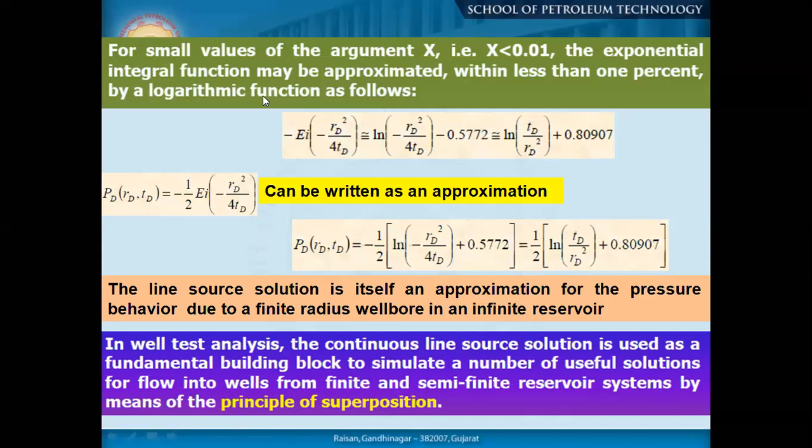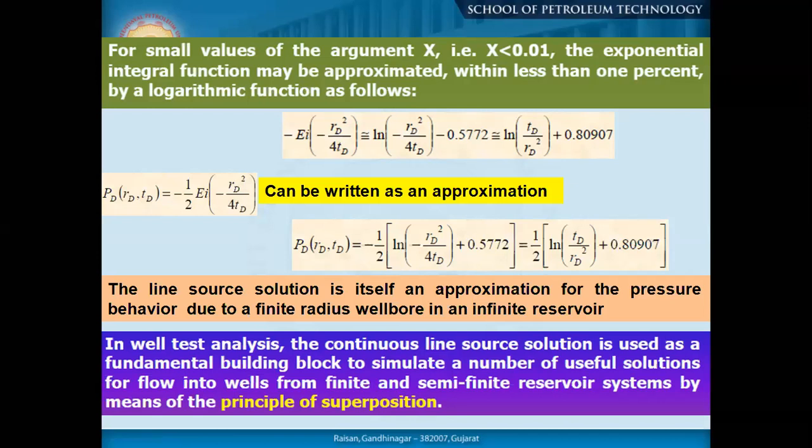So we may use different types of plots for our interpretation: maybe pressure versus time, maybe delta P versus time, maybe pressure versus log time on a semi-log plot. In different ways we try to plot our pressure with time, get the characteristic graph locations, and from that characterize our reservoir.